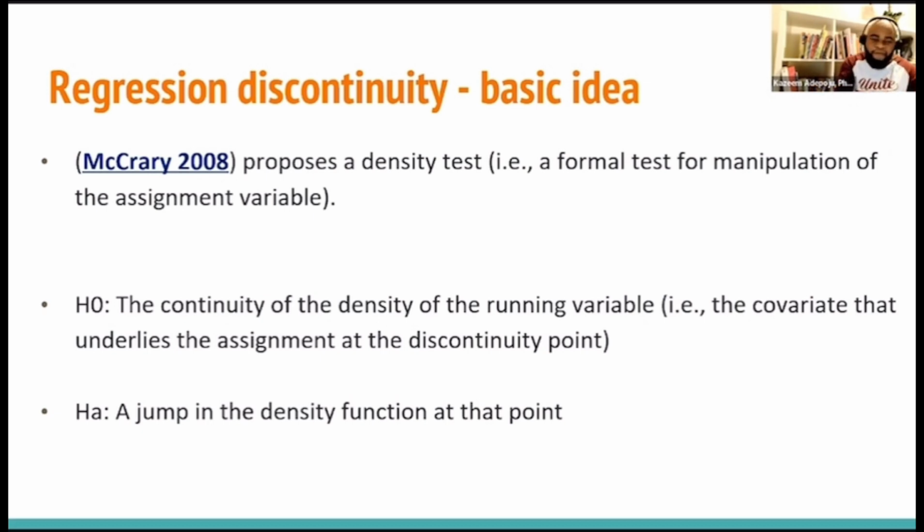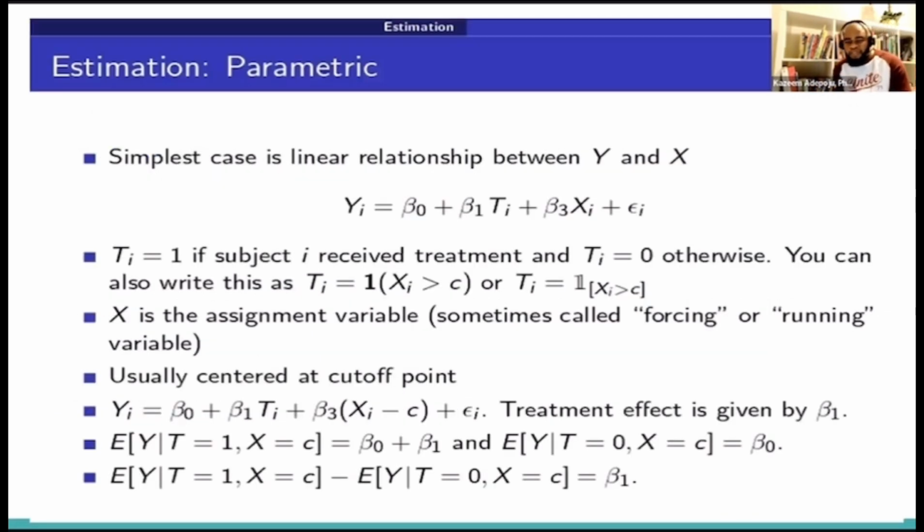Now, this is the model or specification. I'm looking at the relationship between Y and X, and T_i here is the treatment. So you basically want to test the treatment effect.